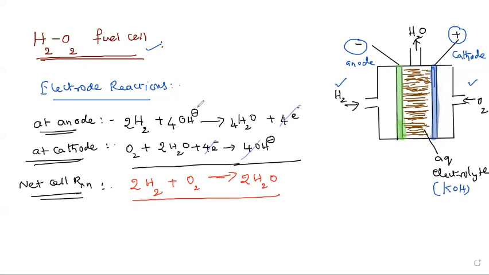The OH minus ions cancel, and finally what we get is H2O, water in liquid state, from hydrogen gas and oxygen also in gaseous form. These kinds of fuel cells produce electricity with an efficiency of about 70% compared to thermal plants whose efficiency is 40%. So the efficiency of this fuel cell is 70%.